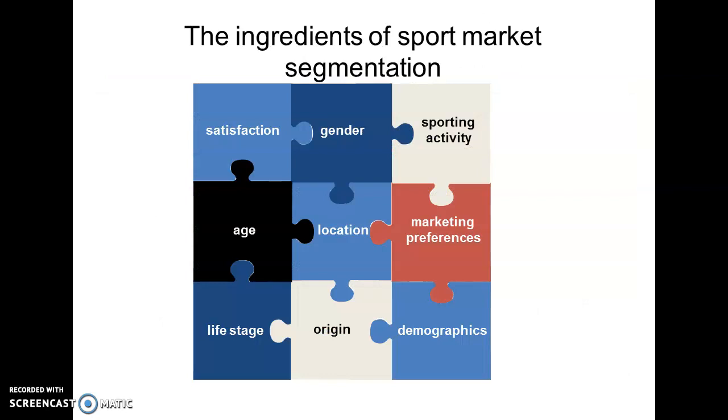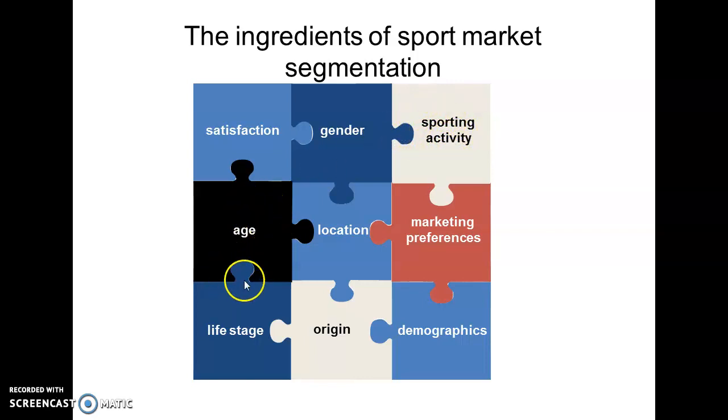In terms of sport market segmentation, Kim has covered a little bit of this in previous seminars, but you need to be thinking about how you can use all these different ingredients within your research. So thinking about gender, thinking about location, and where your activities will take place. So the place of the marketing mix, what sporting activity, so the product, what do they want to do with that?